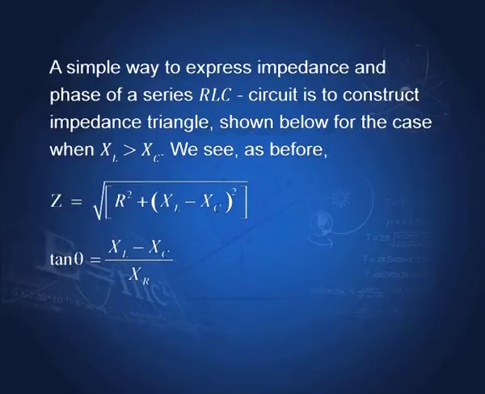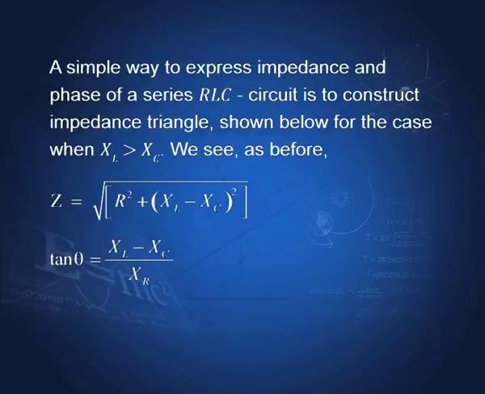Now we have this situation, we can represent it by what is known as an impedance triangle. We have resistance R, and we have the reactance XL minus the reactance XC, and then we have the impedance Z. Z is the hypotenuse of this triangle, and therefore Z would be equal to the square root of R squared plus XL minus XC squared.